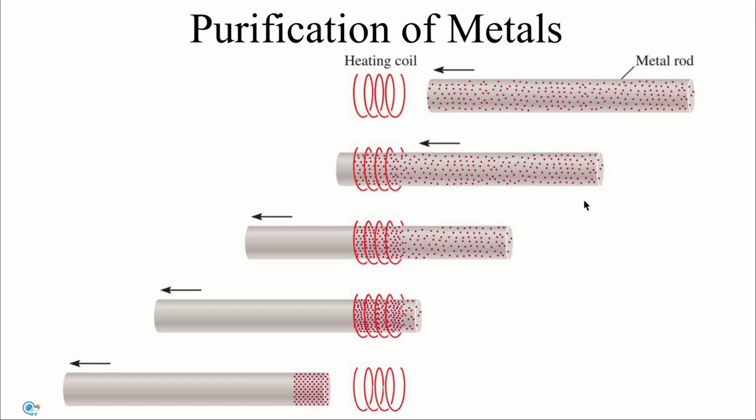Then the molten zone carrying the impurities, now at increased concentrations, reaches the end of the rod. It's allowed to cool and is then cut off. Repeating this procedure a number of times results in metal with a purity greater than 99.99%.